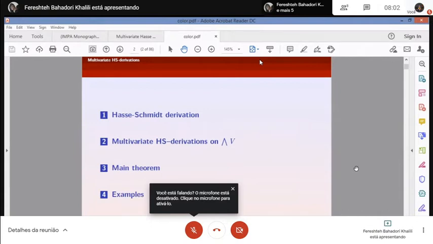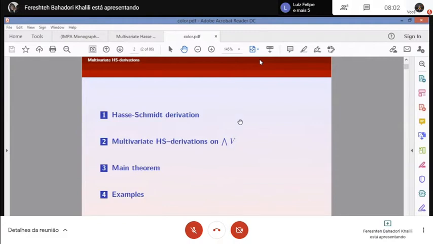So just as an outline, I would start with the definition of Hasse-Schmidt derivations and some properties, and then I move to the multivariate case, and there is a theorem which is a kind of generalization of the Cayley-Hamilton theorem, which is proved by the new definition of trace operators.